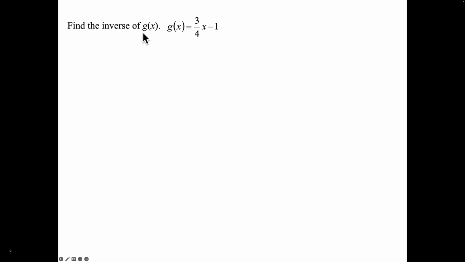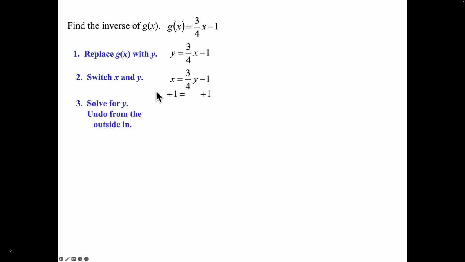Next example, oh, here we go. G of x is 3/4 x minus 1. Okay, follow the steps. Take out the g of x, put in a y. That's a point. Physically switch the x and y around. X equals 3/4 y minus 1. Solve it for y. Add over the 1. To get rid of the multiplication of 3/4, multiply by its reciprocal 4/3.